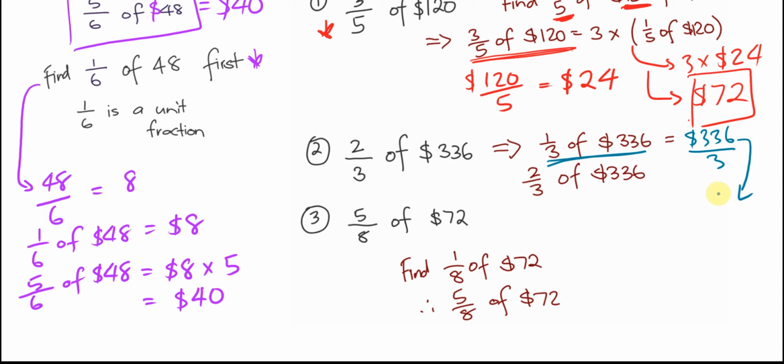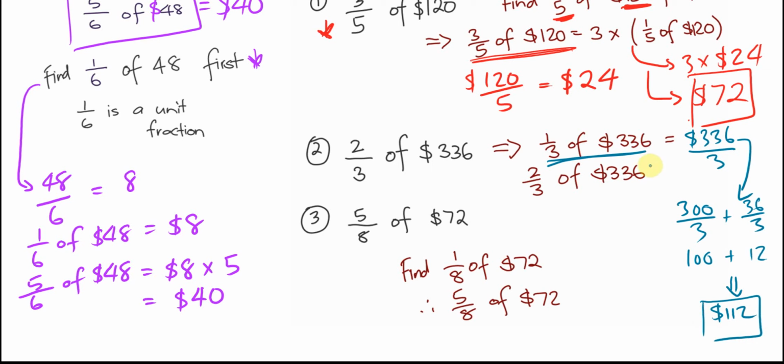So 336 divided by 3, I simplify that to 300 divided by 3 plus 36 divided by 3. That would give me 100 plus 12, which is 112. So 1/3 of $336 is $112.